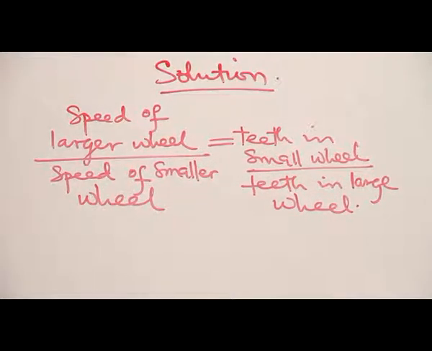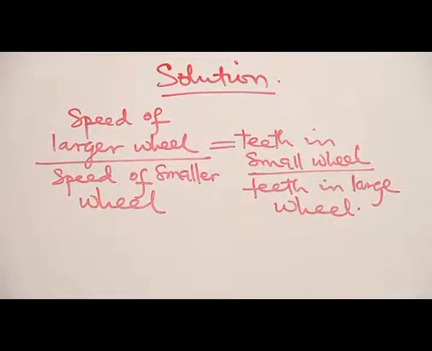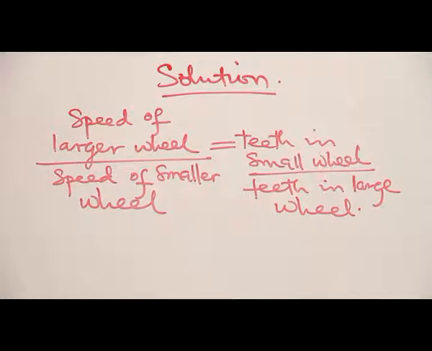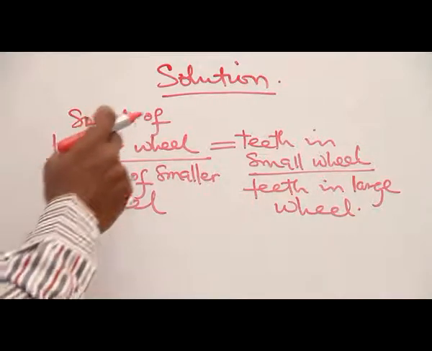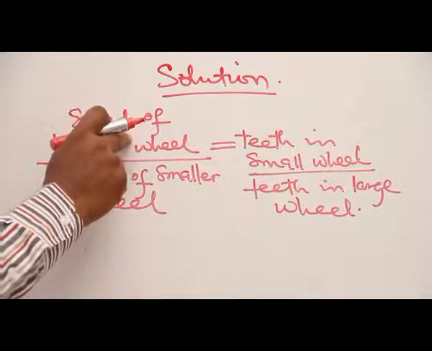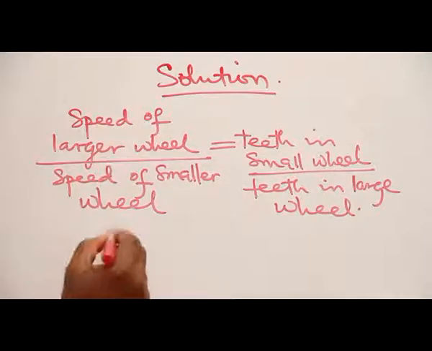So we are told that the teeth in the small wheel is 20, that in the large wheel is 60. Then the next thing we are given is the number of revolutions of the small wheel. So we are looking for the speed of the large wheel. Let's use V for it.